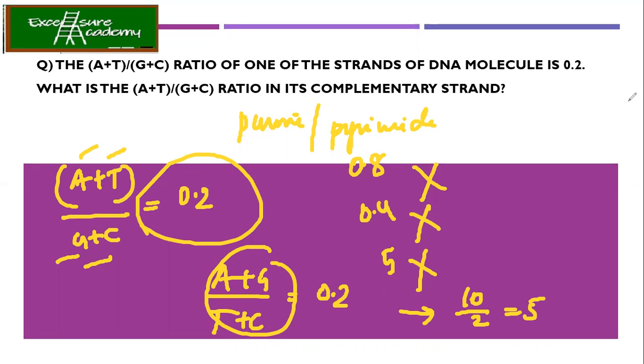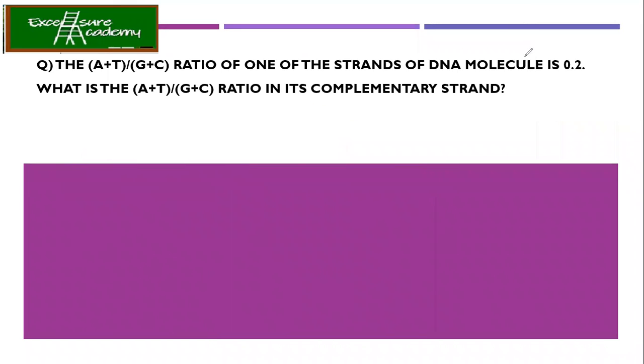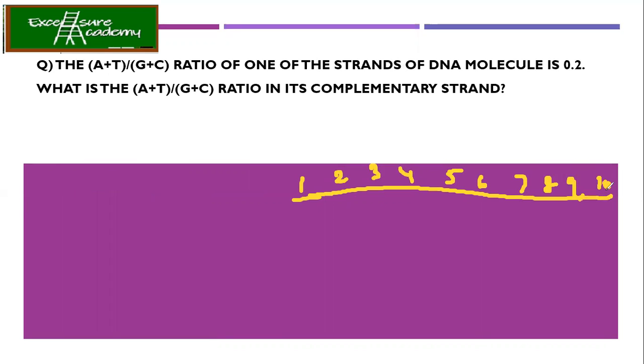Now for this, you need to understand whenever we make the, sorry, let's make the DNA first. Otherwise, you people will just mug up. So let us say that this is our DNA. So let us say 10 base pairs are there.